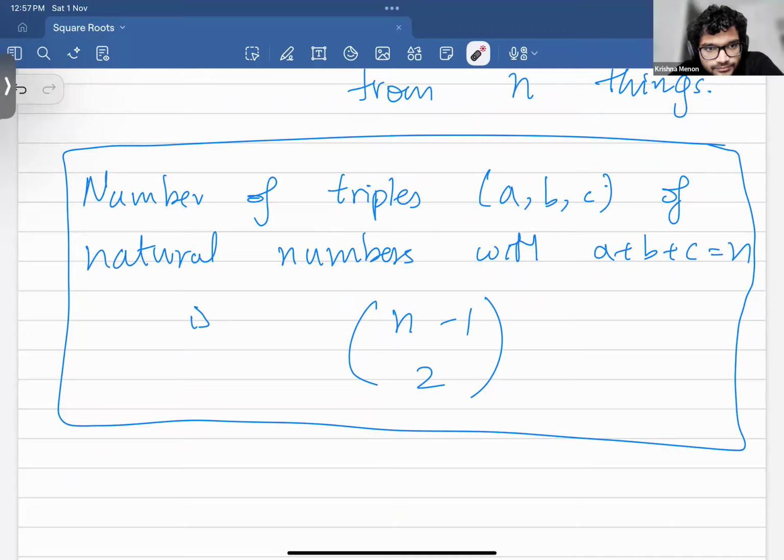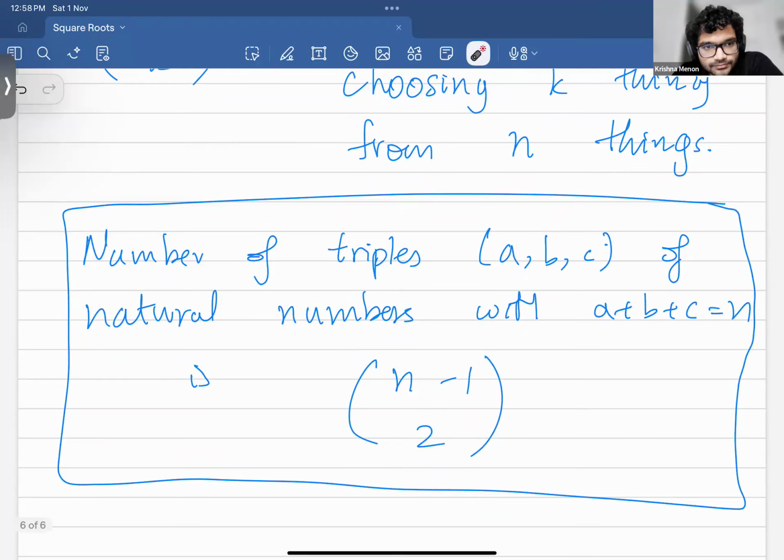Once you choose two natural numbers less than n, there's only one possible solution for C. So if you choose A and B, then there's only one possible solution for C. So all we have to do is choose the values for A and B in the range of 1 to n minus 1.